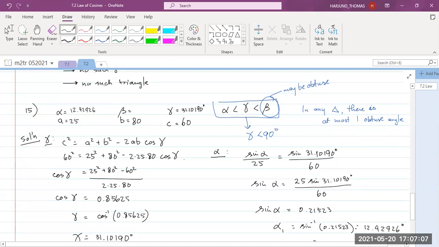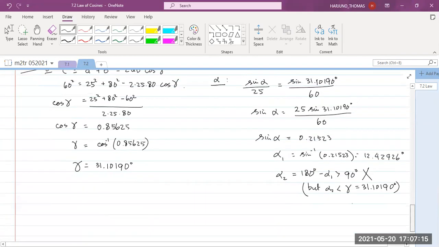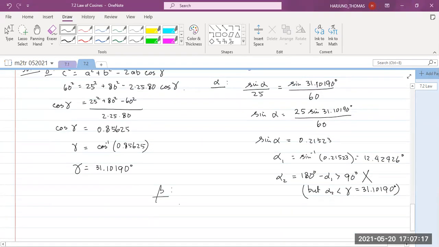Now then, using those two, I will be able to find angle beta. Okay.